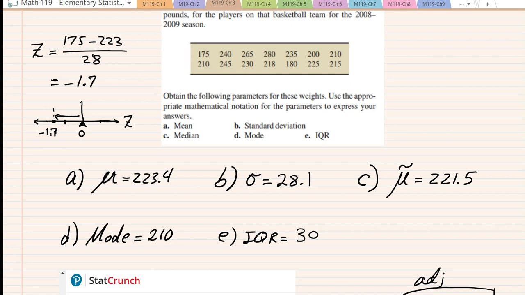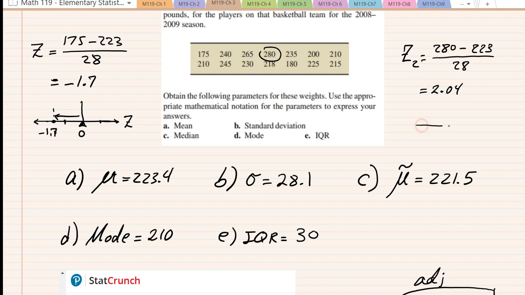What about the highest weight person? The one that weighed the most was 280 pounds. Let's look at the Z-score. That person's Z-score is 280 minus the average of 223, divided by 28. 280 minus 223 equals 57, divided by 28. This person is a little over 2, about 2.04. A little over 2 standard deviations above.